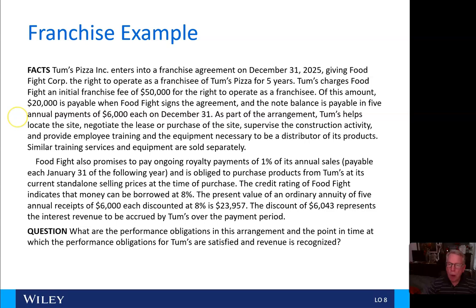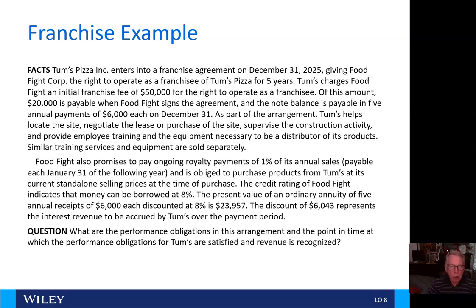Food Fight also promises to pay ongoing royalty payments of 1% of its annual sales, payable each January 31st of the following year, and is obligated to purchase products from Tums at its current standalone selling price at the time of purchase. The credit rating of Food Fight indicates that money can be borrowed at 8%.